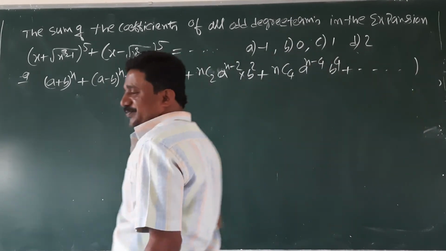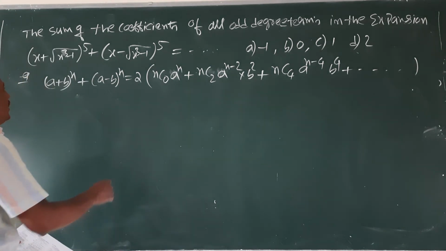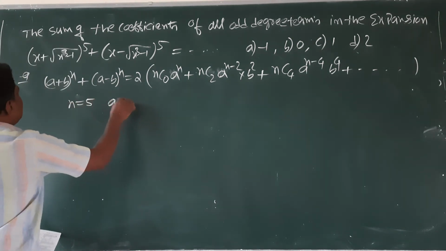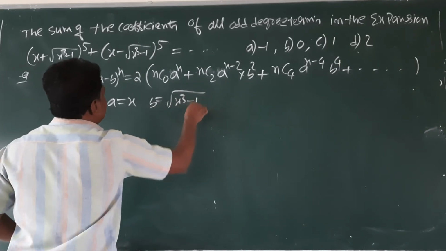You use this expansion, students, it's useful. Here n is 5, a is x, b is root of x cube minus 1.